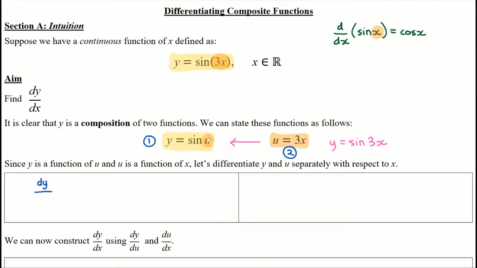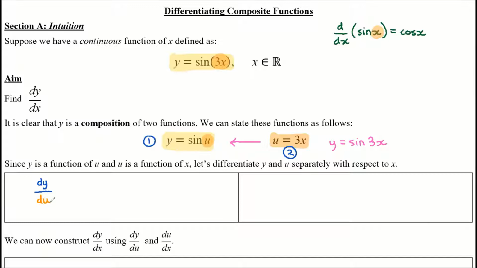So this is going to be dy by du. And there's nothing wrong with that. We call it dy by dx simply because we're differentiating a curve, usually y, with respect to the variable x, but we can call the variables whatever we like. We're not limited in that respect.